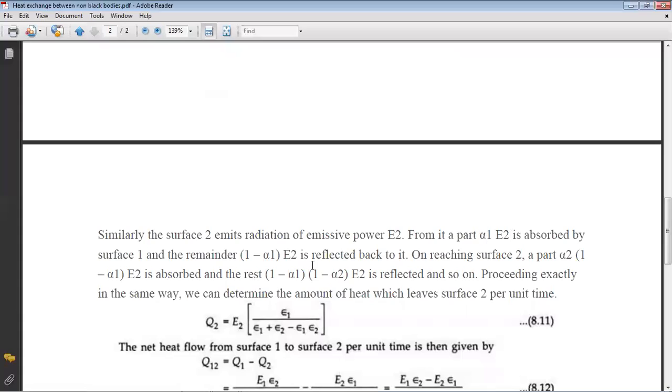What is remaining? 1 minus alpha 1 multiplied by E2 is reflected back on reaching surface 2. It will absorb alpha 2. So alpha 2 into 1 minus alpha 1 into E2 is absorbed. Then the remaining is 1 minus alpha 1 into 1 minus alpha 2 times of capital E suffix 2. Now this process again goes on continuously.